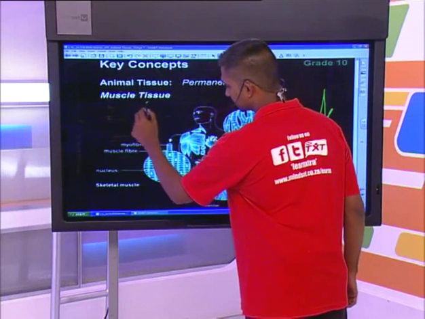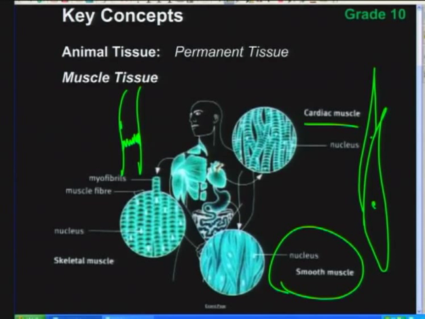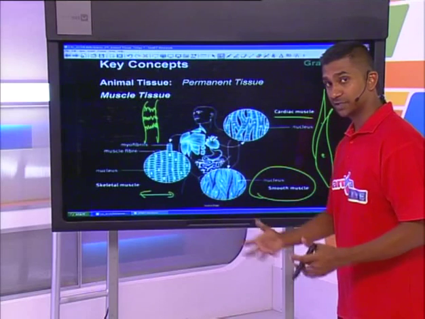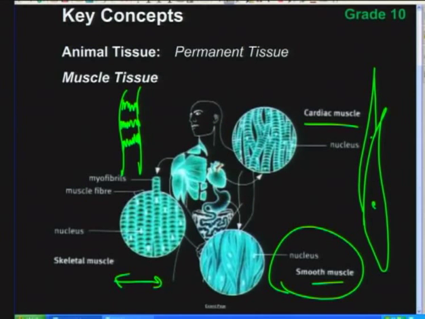When we look at skeletal muscles, you clearly see striations between the muscle fibers, and this is what gives it that striated appearance. It is also known as striated or voluntary muscle. This brings about movement in the body, and you would find it attached to the bones. Your smooth muscles, we said, line the organs and blood vessels: capillaries, arteries, veins.